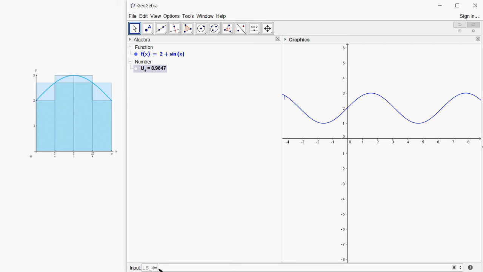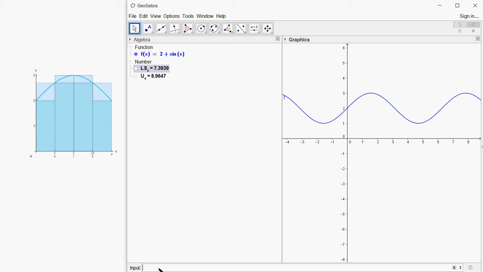We're going to use the right endpoint. So you have f of 0 for the first one, f of pi over 4 for the second one, for the third one you use 3 pi over 4, and the last one is f of pi. Then we multiply by the width, which is the same, pi over 4.